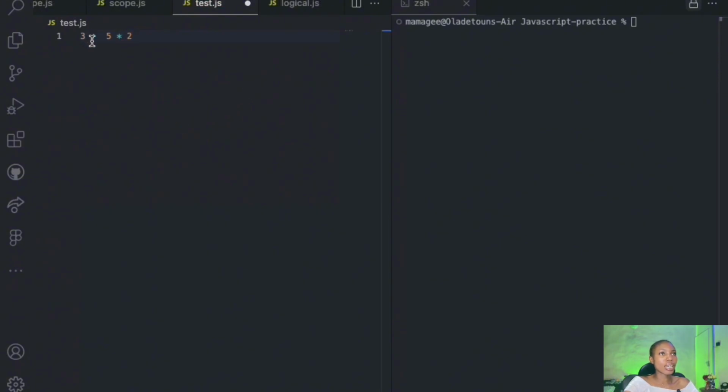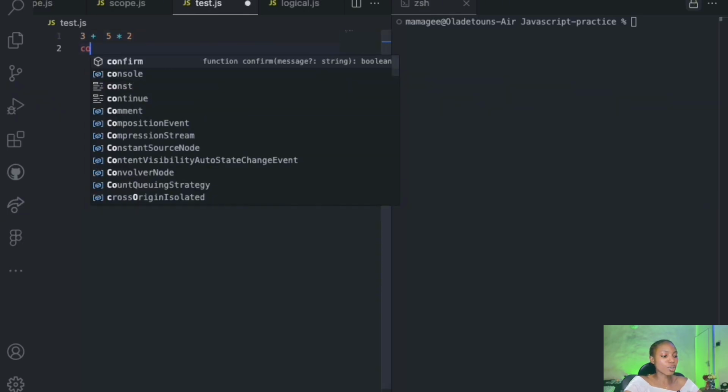We have the addition operator and the multiplication operator. In our MDN table, you notice that multiplication has a precedence number 12, while addition and subtraction have number 11. So the multiplication part will be executed first. So 5 times 2 will be done first before 3 plus 5.